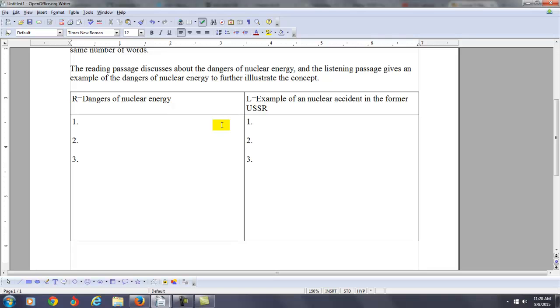For example, you have integrated speaking task number 3 and number 4. You see what I'm saying? Both of those involve some kind of reading passage and some kind of lecture. So you have to be very good at organizing things.